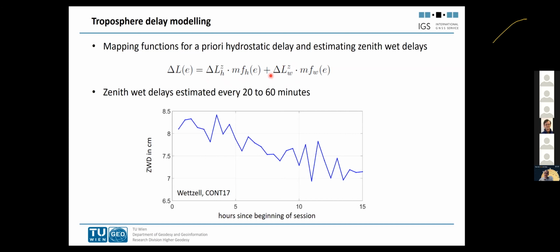In global applications, this zenith wet delay is estimated as an unknown parameter. Typically, zenith wet delays per station are estimated every 20 to 60 minutes, and you could use piecewise linear offset functions, so you could estimate the zenith wet delays like illustrated here.